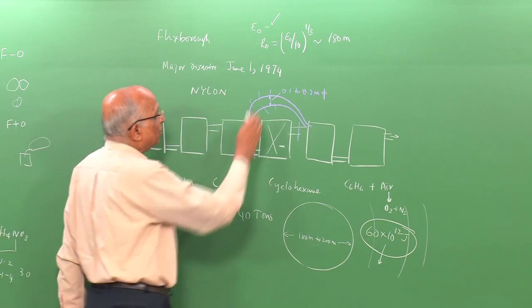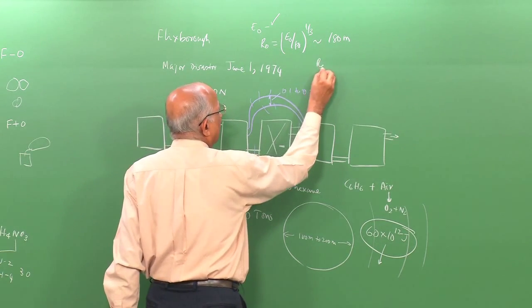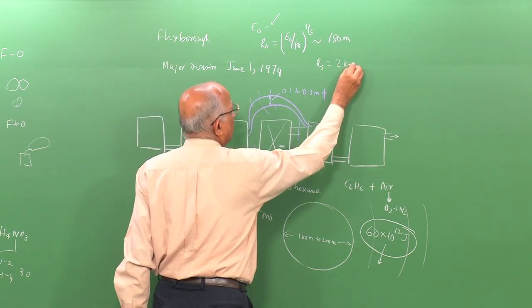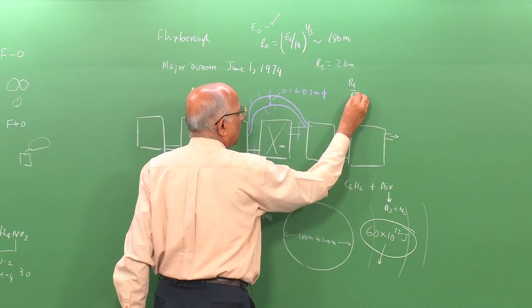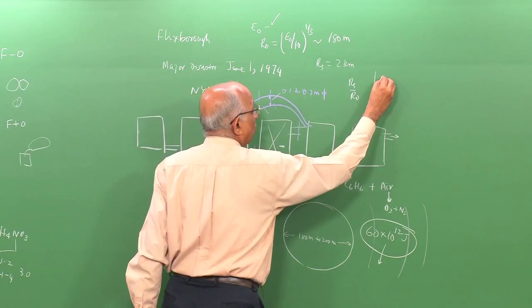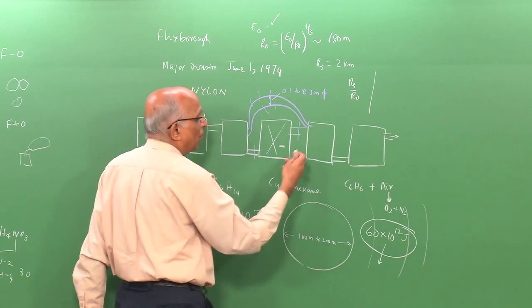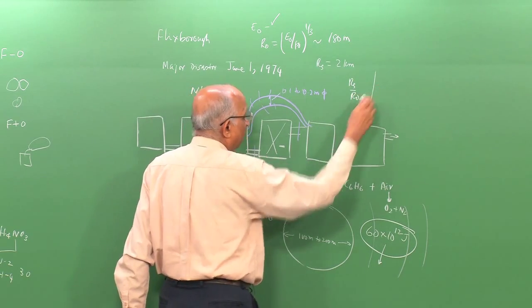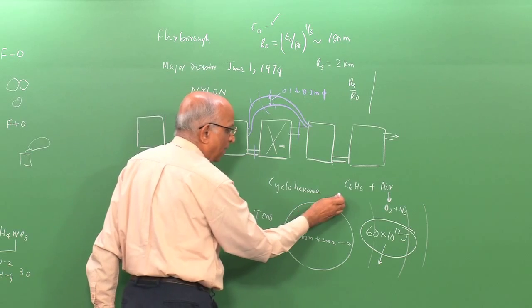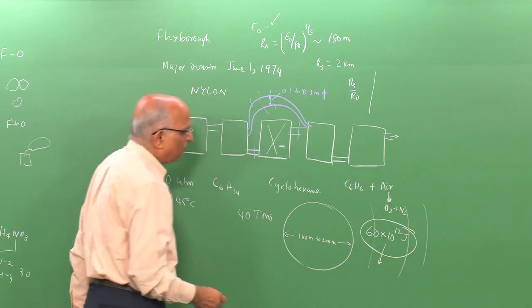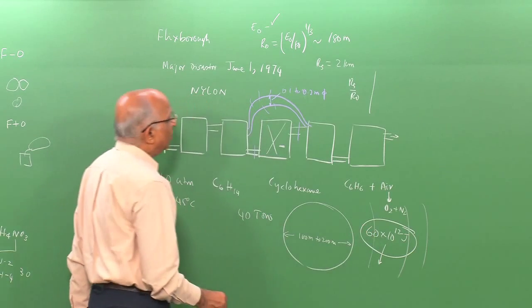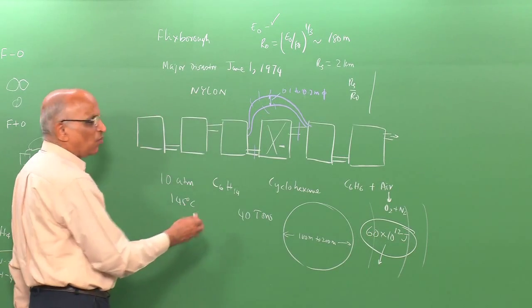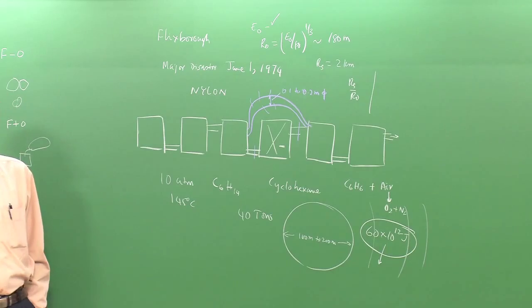Therefore, using this value of R naught and at a distance of 2 kilometers, that is 2000 meters, I can find out the value of Rs by R naught and then determine the value of overpressure, which we now know how to do. We know how to calculate the impulse, and we also know how to calculate the fragments which are thrown off. Therefore, what is primarily required is the energy release from such explosions, and this is what we do today.